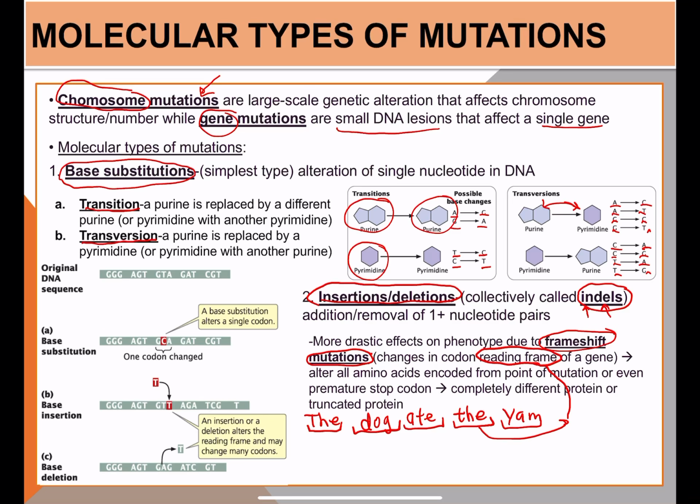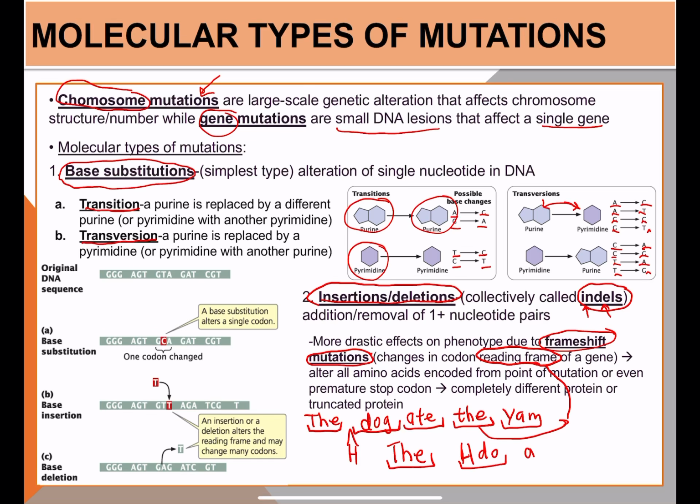So it's supposed to make sense because these are codons that encode for a specific amino acid that makes a functional protein. But imagine if you were to insert a big letter right here. Let's say an H, an extra random letter. So now all of these codons or reading frames are just going to be regrouped. You have the, and then all of a sudden you have the H inserted into there, okay? Which means the next reading frame will be HDO, okay?